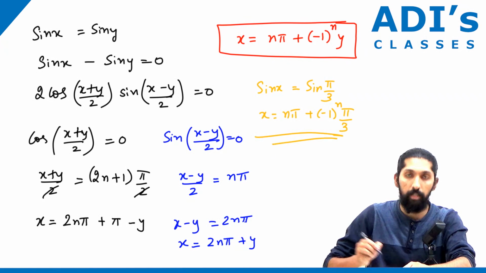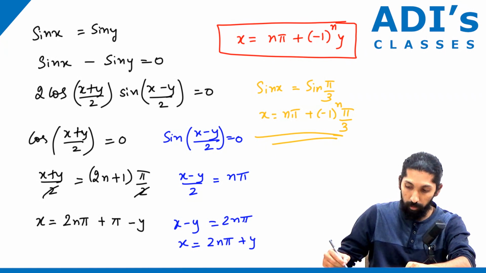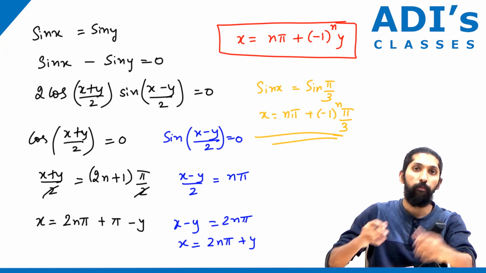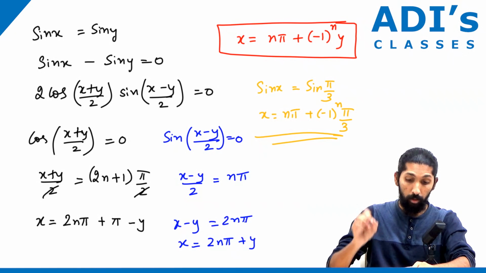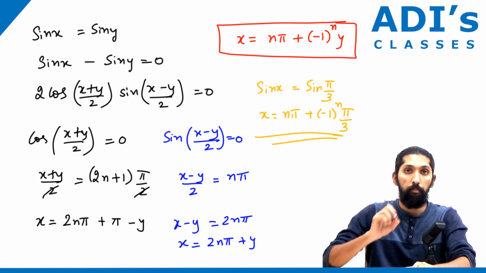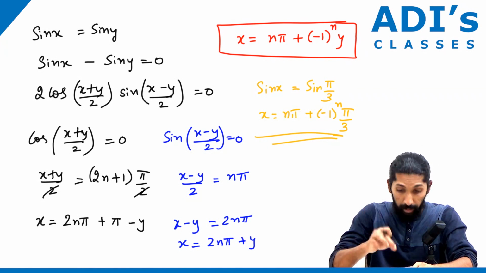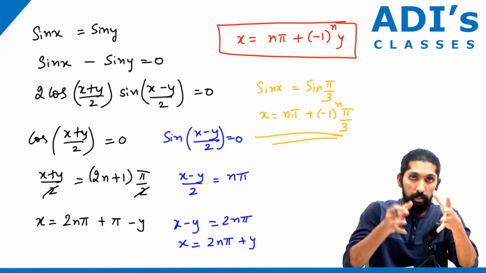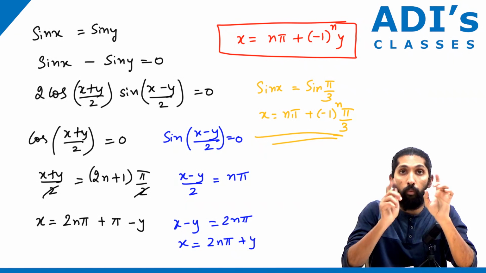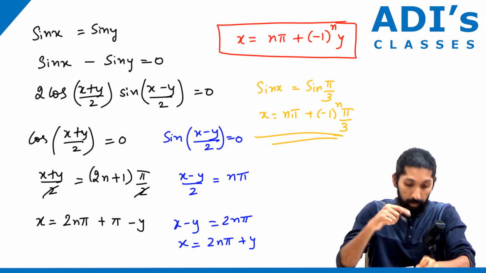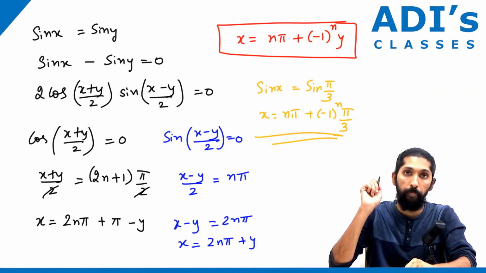This is going to be the answer. So whatever the value of y is, we use that in this equation: n pi plus minus 1 to the power of n into y. This is what we call the general solution for one trigonometric function, that is the sin x function.